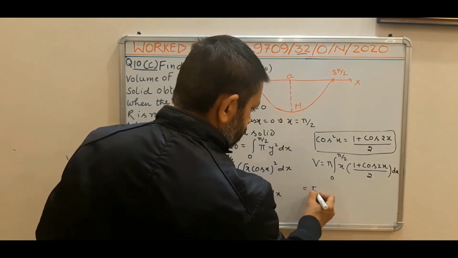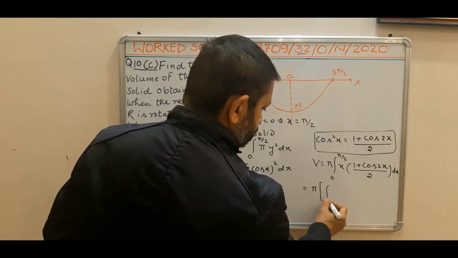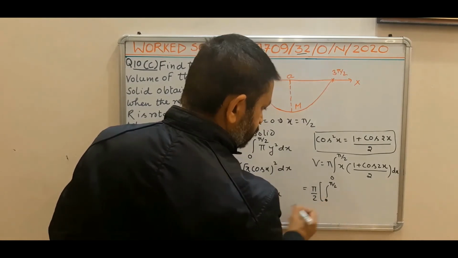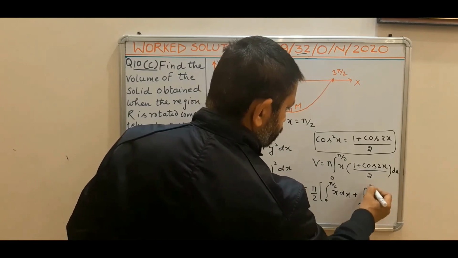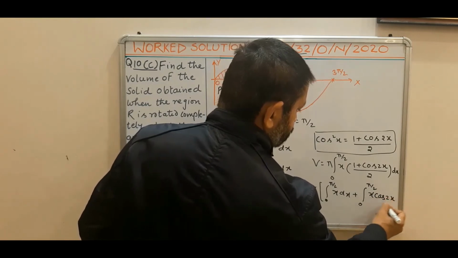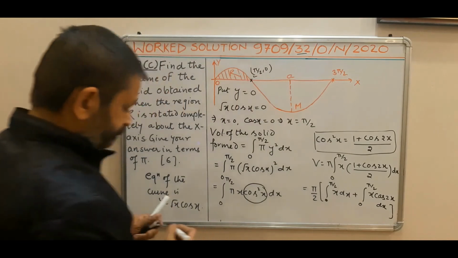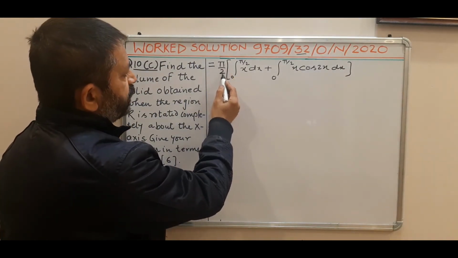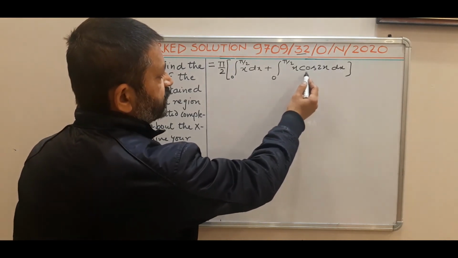So it will be divided into 2 integrations, 0 to pi by 2. We can take this 2 out. So it will become x dx plus integral 0 to pi by 2 x cos 2x dx. Now this is equals to pi by 2 integral 0 to pi by 2 x dx plus 0 to pi by 2 x cos 2x dx.